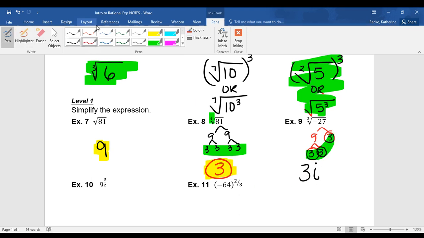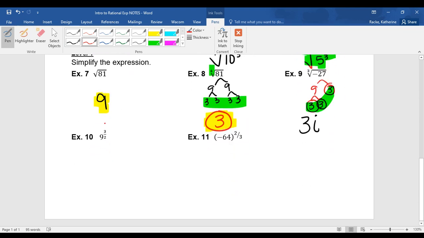All right, example 10. Going outside over inside, so I have 9. It is a square root because 2 is on the bottom. I have my 3 on the inside. If you simplified it, you could see it like this: the square root of 9 is 3.